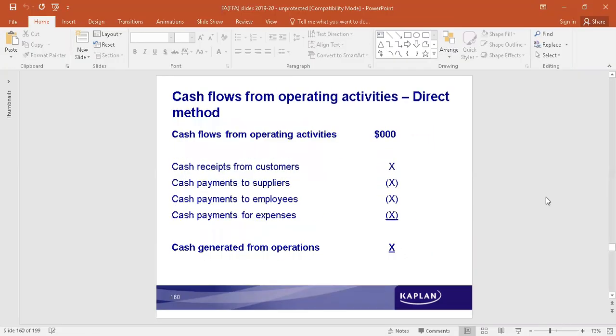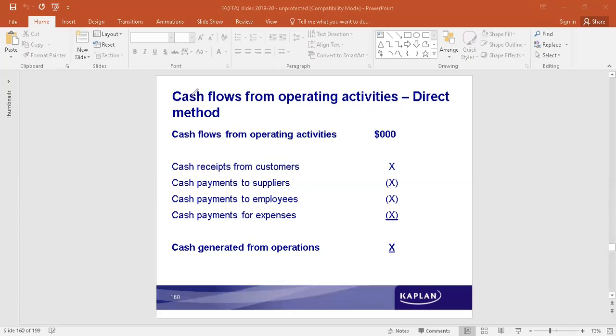If we talk about the direct method, it sounds very simple, but it's actually not so simple. Operating activities is buying and selling of raw materials and selling of finished goods. So as simple as that. Revenue is generated from sales, and expenses are incurred when material is purchased and when other expenses are paid.